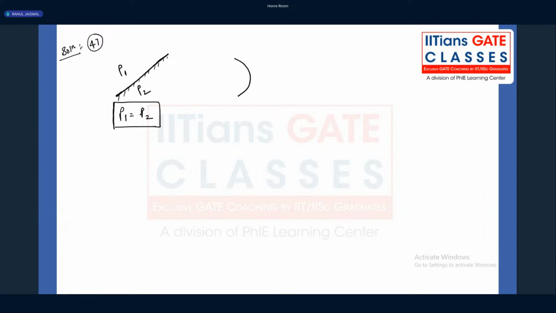Why is this surface formed like this shape? For example, P1 is the inside pressure and P2 is the outside pressure. If P1 is more than P2, definitely this will be the shape, no doubt about it. Again, we also have a shape something like this. If, let's say, P1 is the inside pressure, P2 is the outside pressure, and again P1 is more than P2, definitely we are going to have this type of surfaces.